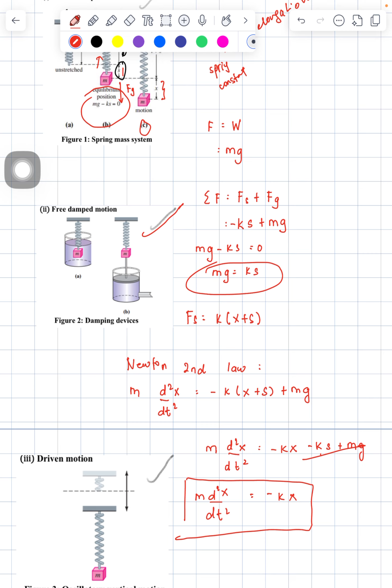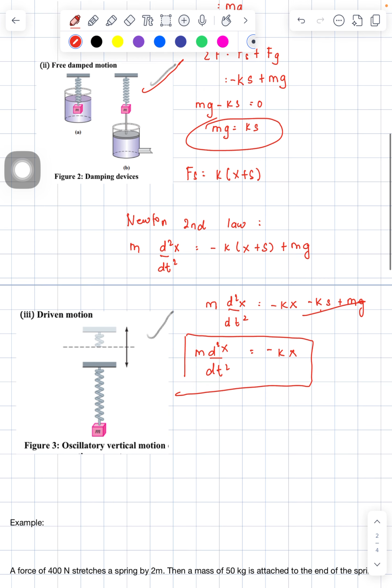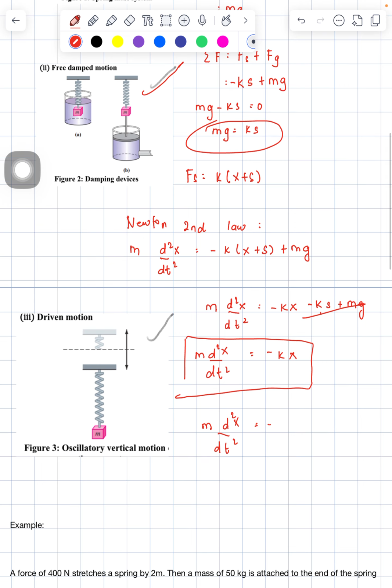So for this case, the equation becomes m d²x/dt² equals negative kx, and we have an additional damping force, so minus FD, since the damping force acts upward.